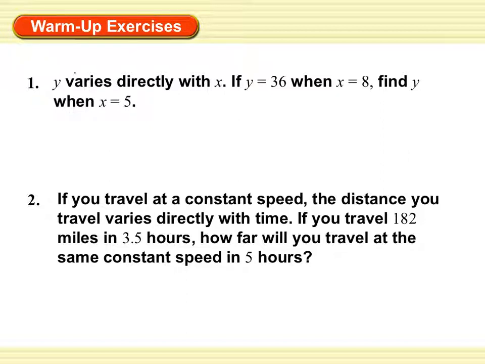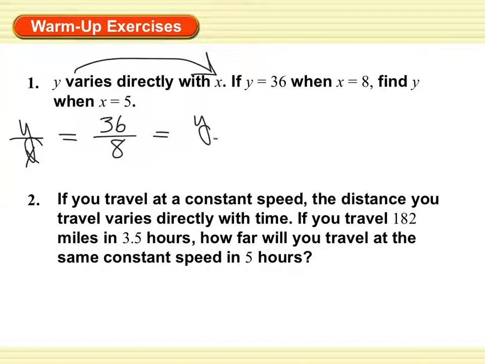If I say y varies directly with x, that means whatever is y is something with x. Well, let's do this. If y varies directly with x, and y equals 36 when x equals 8, find y when x equals 5.